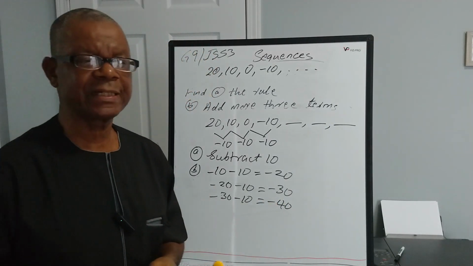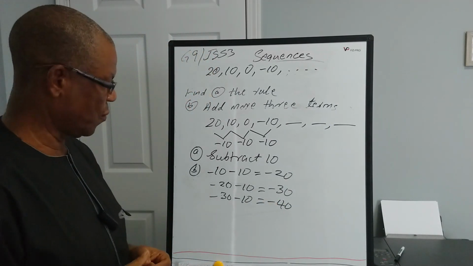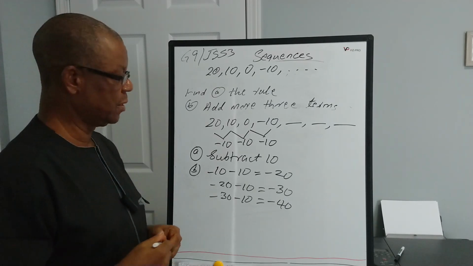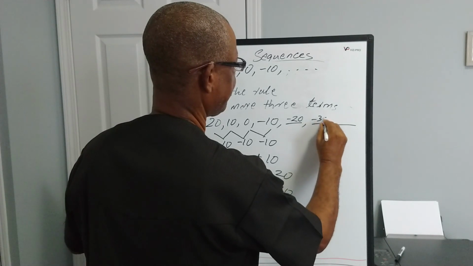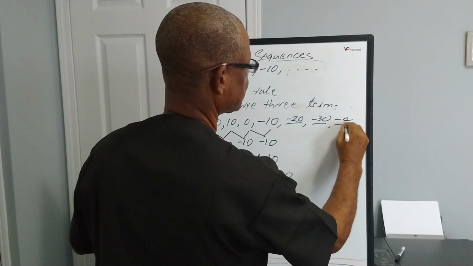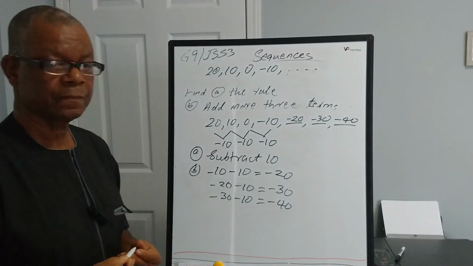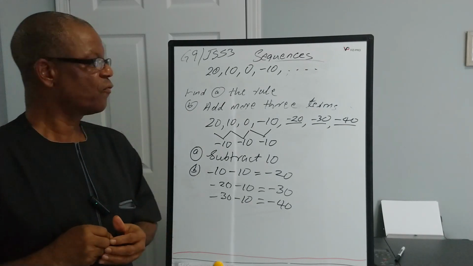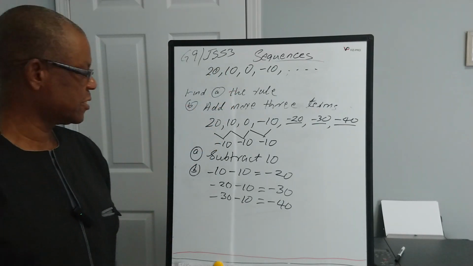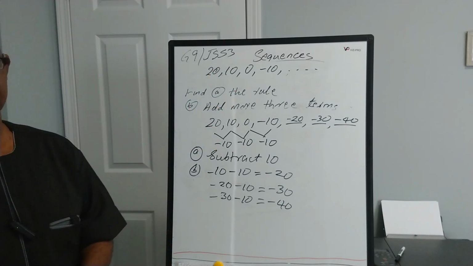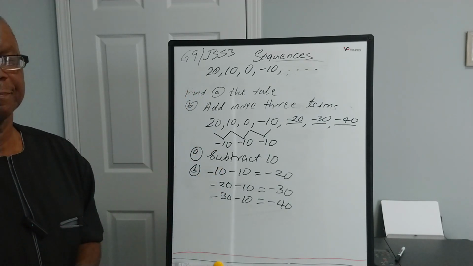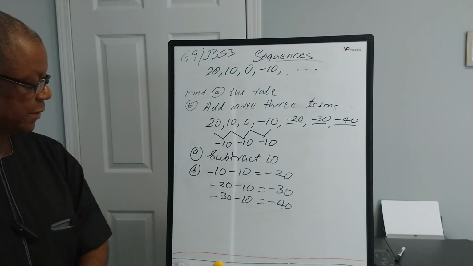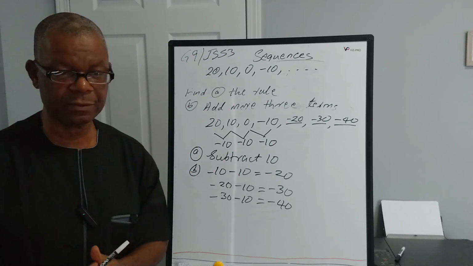We have found the next 3 terms as we are expected to do. This is minus 20, minus 30, minus 40. So the rule for this very particular sequence is subtract 10. Subtract 10 from the given one to get the next one. And so you keep on doing. That is for this very particular one.